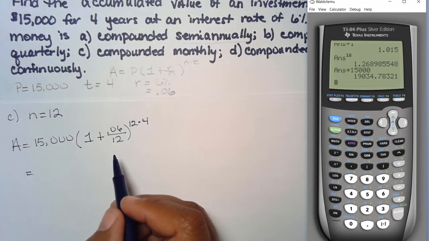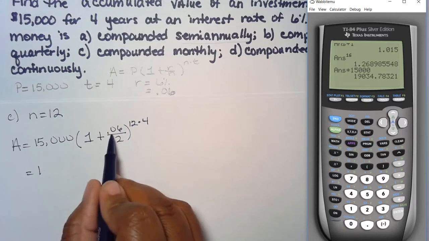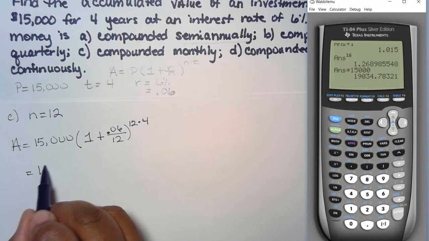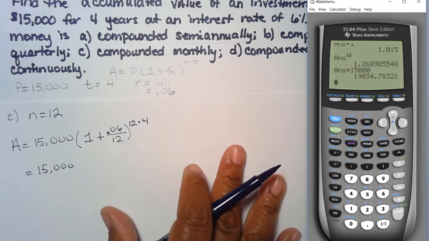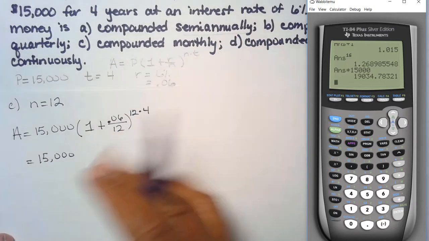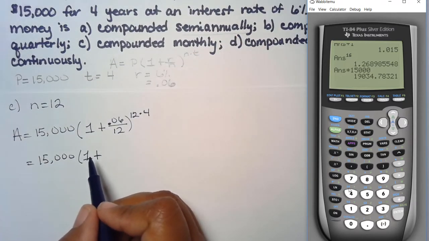So let's go ahead and divide 0.06 by 12. So 15,000 times 1 plus, and let's clear the screen here.